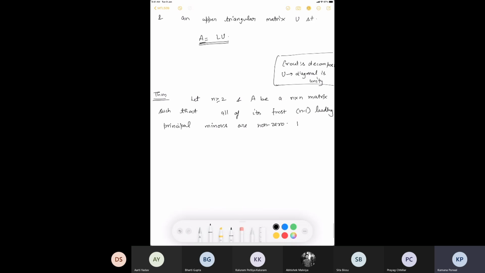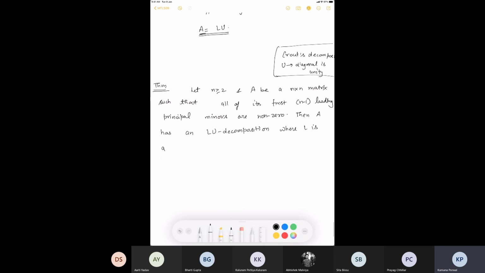Then A will have an LU decomposition, where L is a lower triangular matrix with the diagonal elements as 1. Let me call it a unit lower triangular matrix.